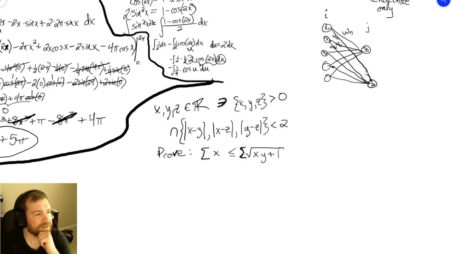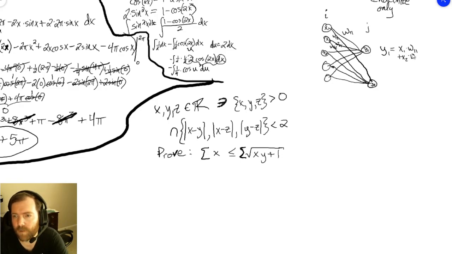So, go for it. So y1 is, for example, going to be x1 times the weight 1,1 plus x2 times the weight 2,1 plus x sub 3 times weight 3,1 plus x sub 4 times weight 4,1 plus x sub 5 times weight 5,1.